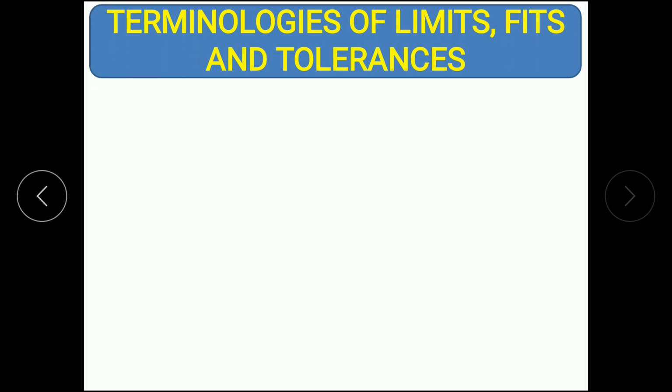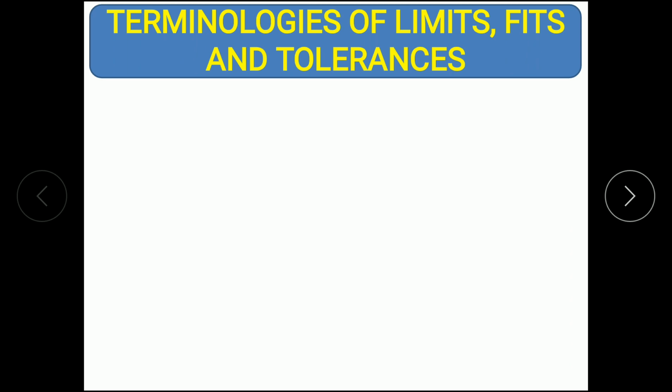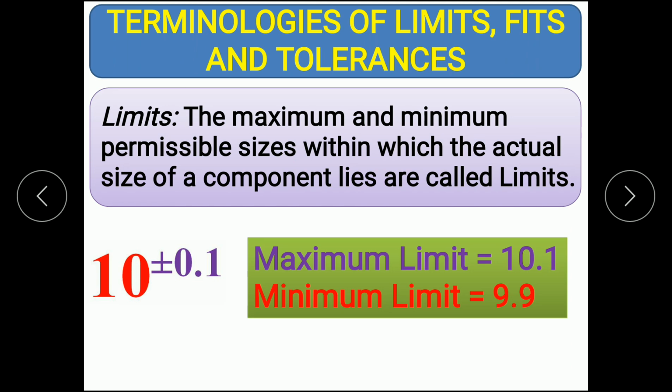Tolerance means the difference between the upper limit and the lower limit of the dimension. It can also be defined as the permissible variation in dimension. So, 0.2 in the previous slide: above it is plus 0.1 and below it is 0.1, so the total is 0.2 variation.